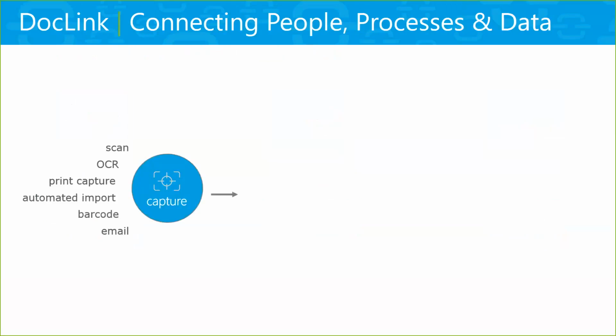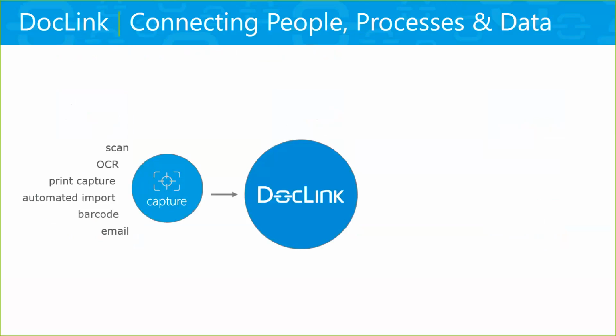So when you receive information from an outside source, DocLink can capture it from a variety of outside sources, including application of optical character recognition technology with smart capture, because we definitely need to intelligently interpret, not just recognize characters. Then the captured data is passed to the DocLink Central Storage Depository. This is where the data resides.